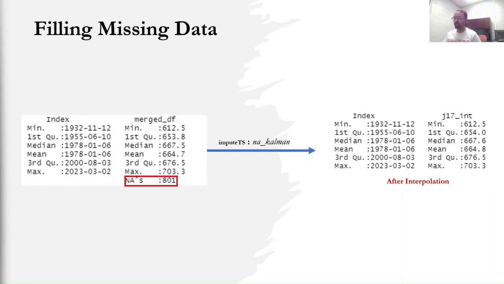First, the missing data were filled in using the Kalman imputation method from the imputeTS library in R. This method is basically the Kalman filter algorithm used for time series imputation.